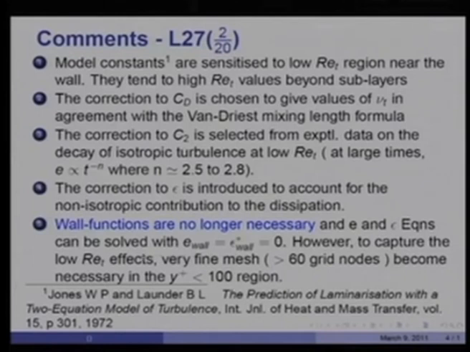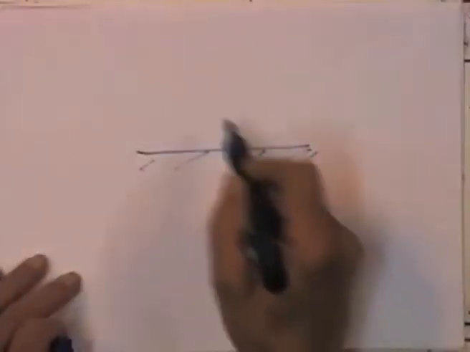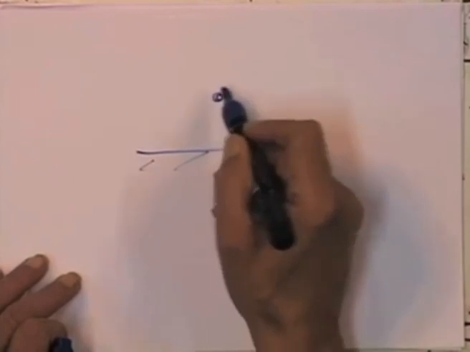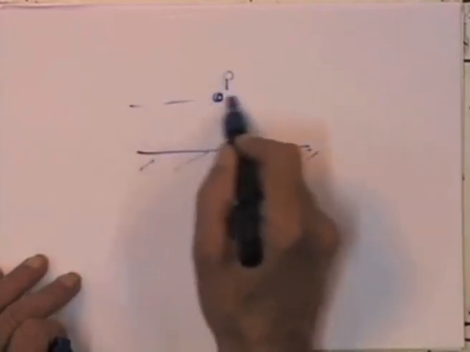To capture the effects of low turbulence Reynolds number in the region between, if you recall, this was the wall, and in the high Reynolds number form we had chosen P over here.